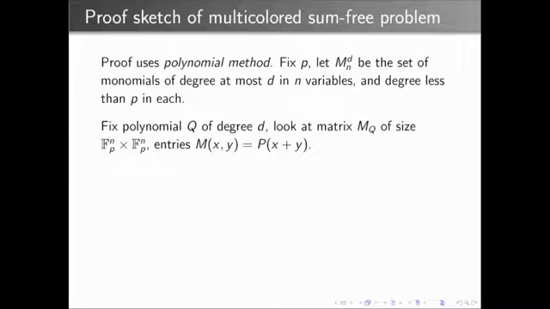Now let's fix a polynomial q of degree d. What I'm presenting on this slide basically appears in the Croot-Lev-Pach paper, although it's formulated a bit differently for p equals 2, and then it was extended by Ellenberg and Gijswijt in their proof.